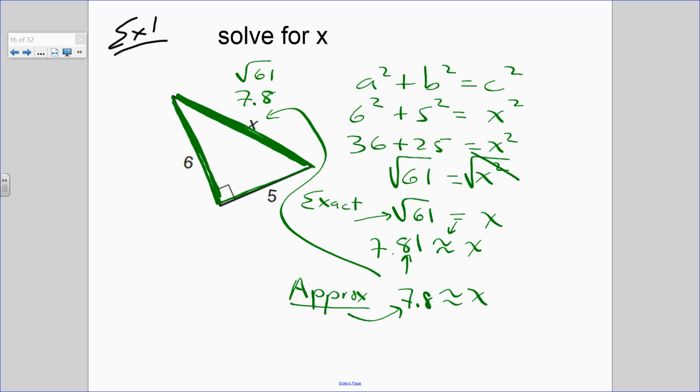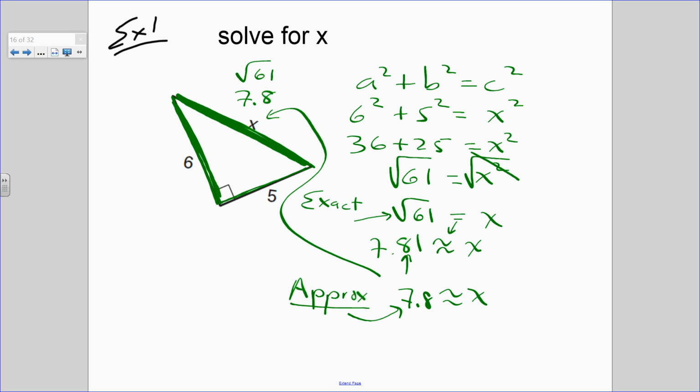But in the real world, if I say chop up a piece of wood, if we're in construction, a piece of wood square root of 61 inches long, you'd be like, what's the square root of 61 inches? Well, that's the exact amount of inches you need, but that's not real world. We need to approximate square root of 61. So you'd say, okay, Mr. Munguia, do you want me to cut a piece of wood square root of 61 inches?